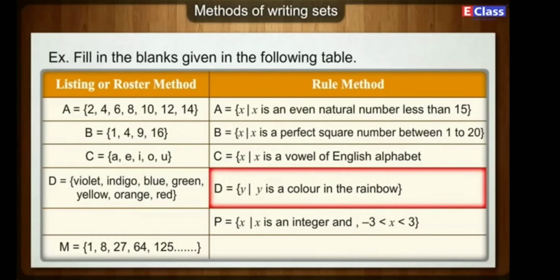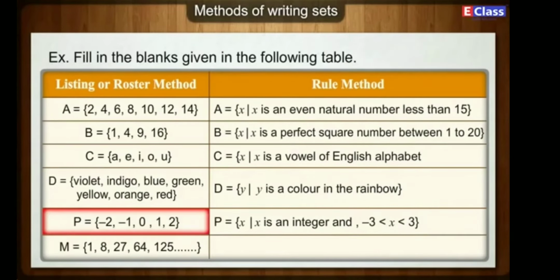D is a set of y where y is a color in the rainbow. Listing or roster method. P = {-2, -1, 0, 1, 2}. Rule method.